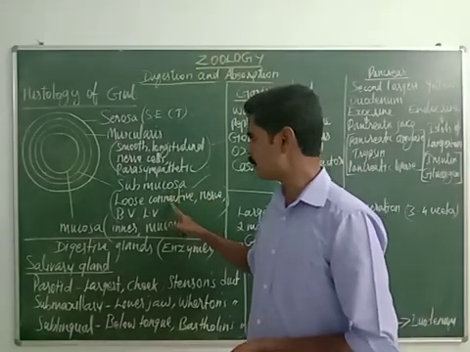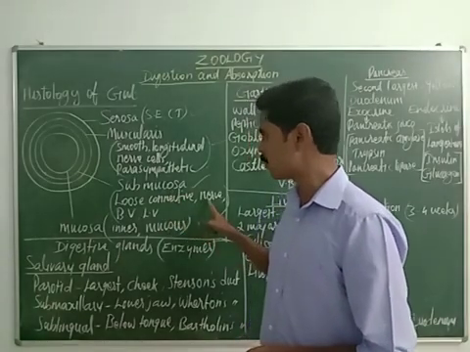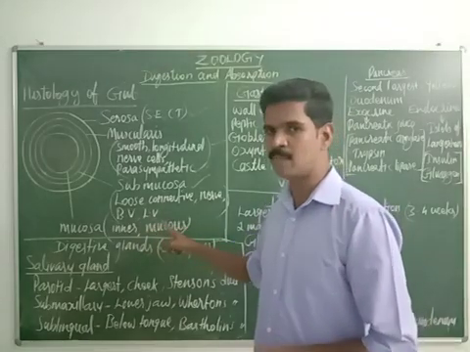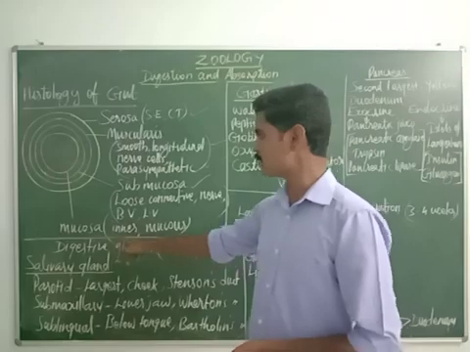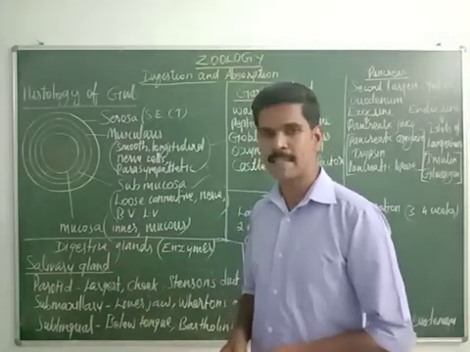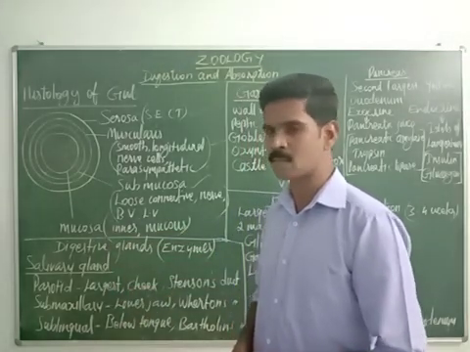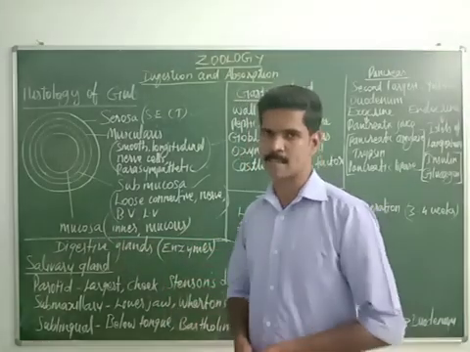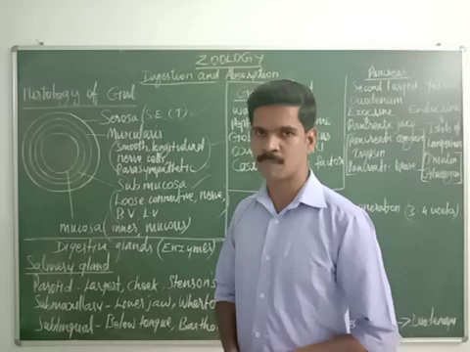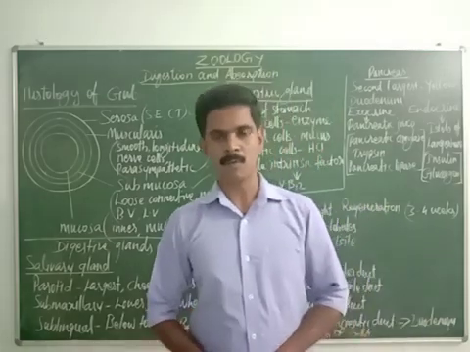And the last layer is called the mucosa layer. The inner layer of the alimentary canal is called the mucosa layer, and this layer secretes a fluid called mucus.